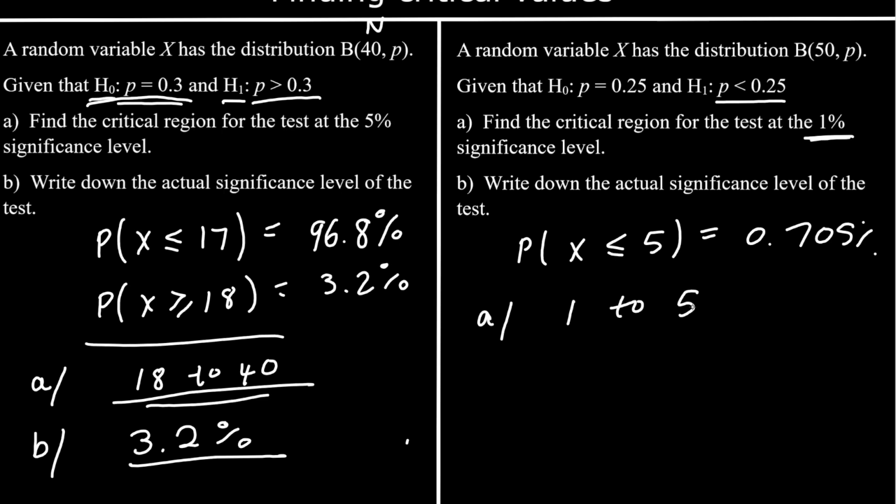The chance of getting anything from 1 to 5 is just 0.705% if the probability is actually 0.25, if our H0, our null hypothesis, is true. And the actual significance level is 0.705%.